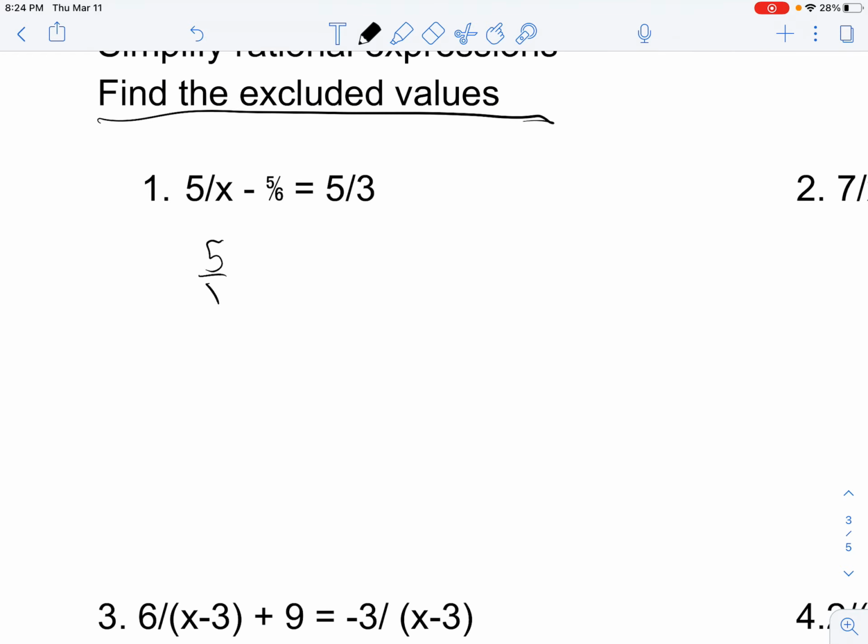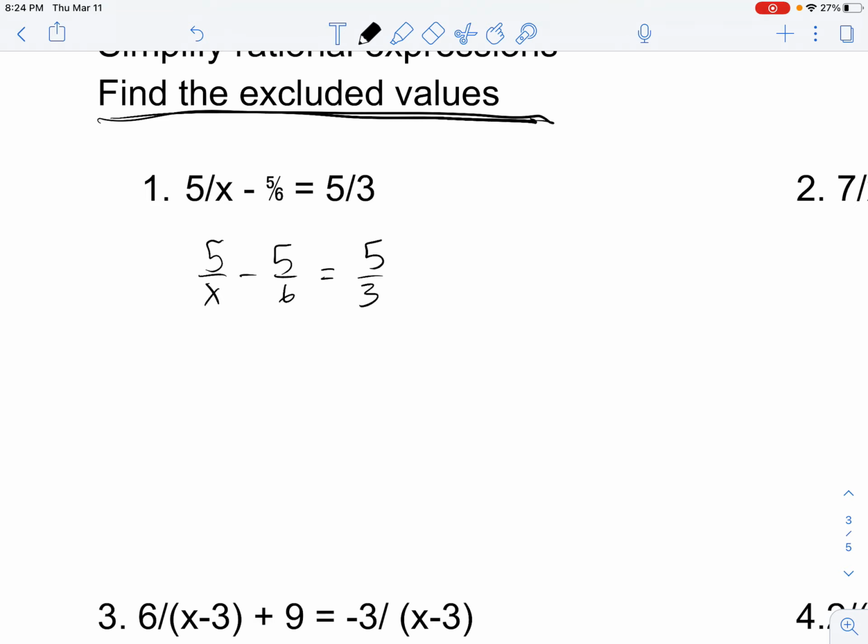Now, we're trying to find the excluded values once again. We have 5 over x minus 5 over 6 is equal to 5 over 3. This is a little bit more complicated, but it'll get simpler. So we realize that whenever we have fractions, we want to get rid of them since we want to find the excluded values.